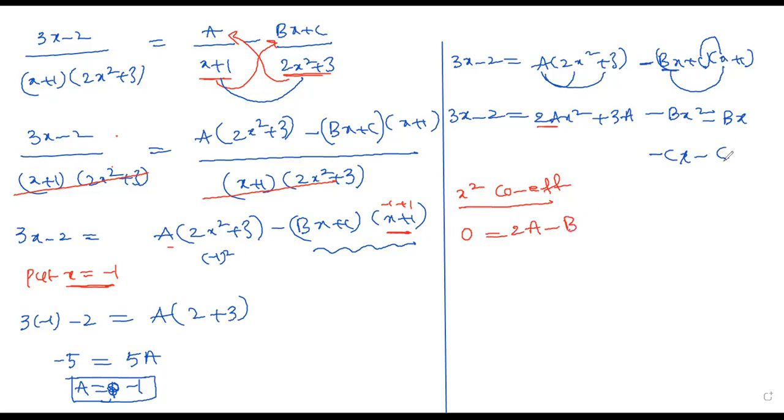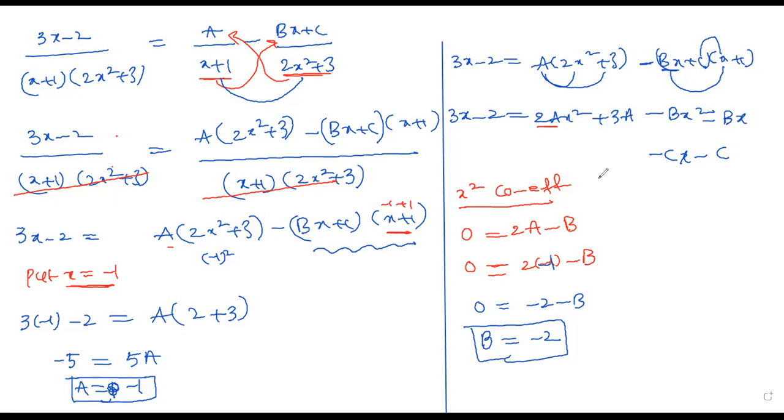So 0 is equal to, we already know the value of a, so 2 of -1 minus b, that is 0 is equal to -2 minus b. So b is equal to -2. The -2 comes to this side as +2, but this minus is there, so it becomes -2.